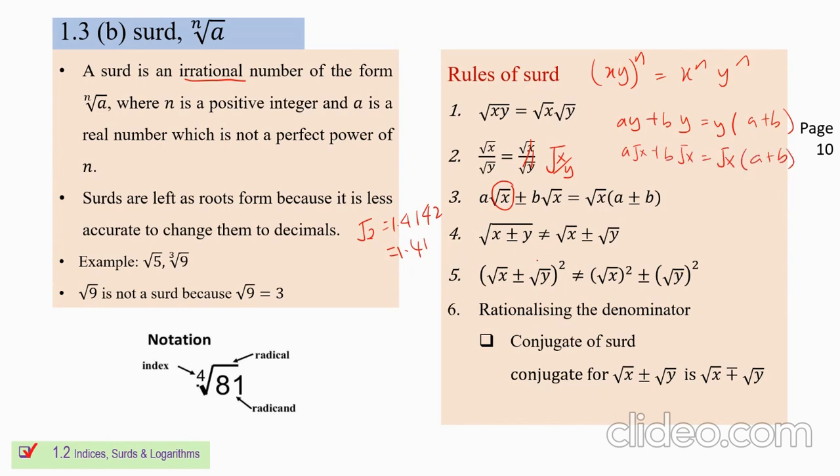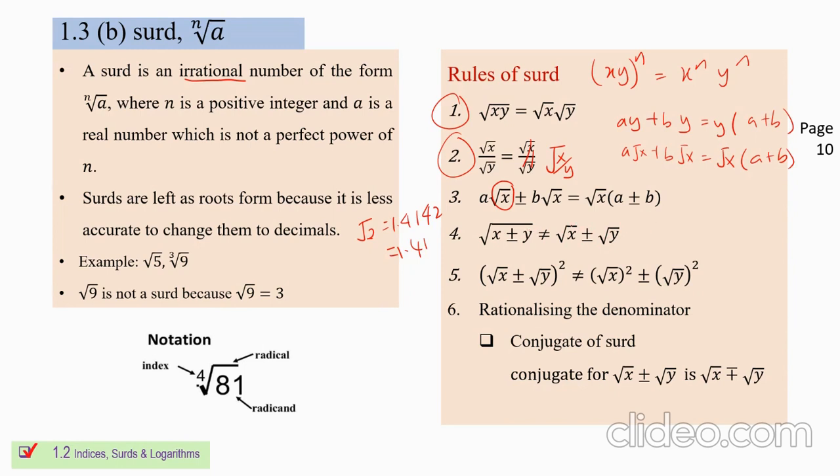Remember, you only have these first two rules. Surd of xy can be separated to be surd x multiplied by surd y, but not the surd of x plus or minus y. It is not surd x plus surd y, or surd x minus surd y, or the other way around.